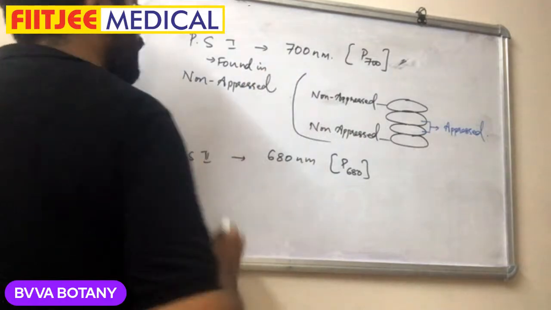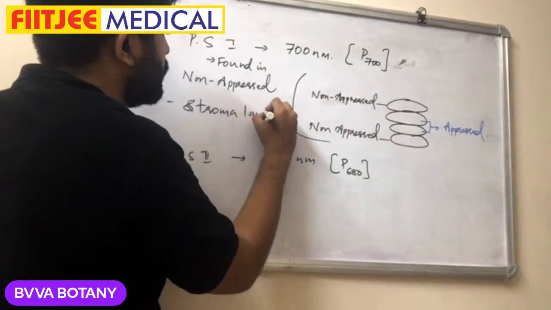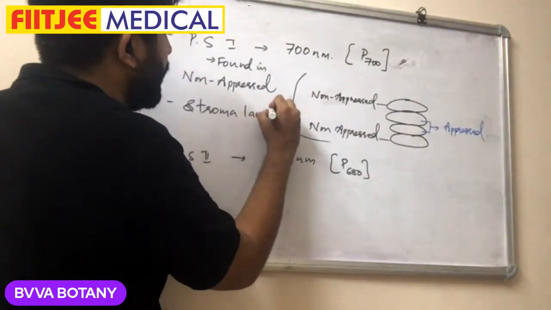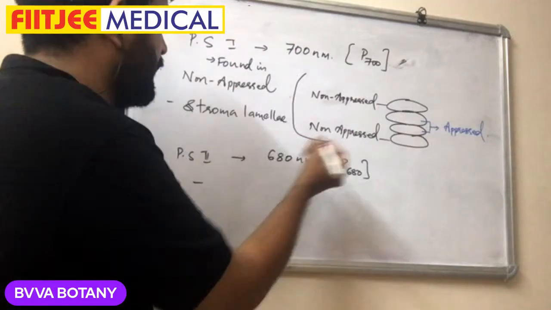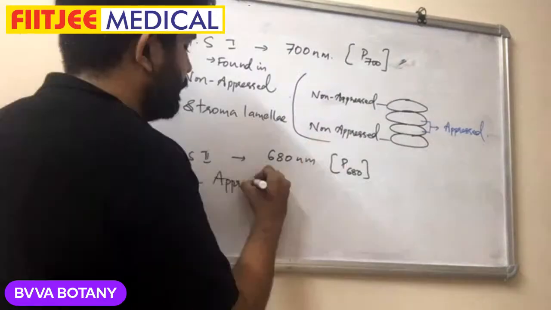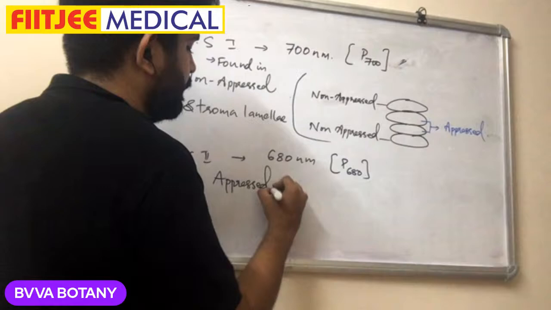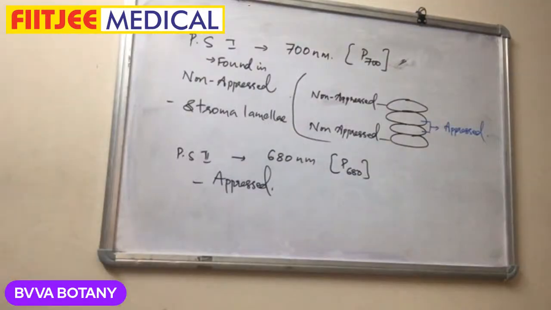Along with that, it is also found in the stroma lamellae. What is stroma lamellae? Stroma lamellae connect the grana. Whereas PS2 is found only in the appressed region. Non-appressed means towards the outside, and appressed means towards the inside.